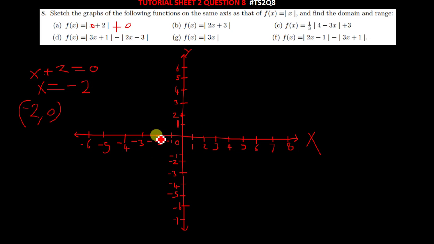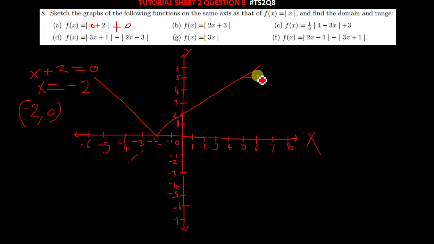So this line is going to come like this to pass at 2 and go this side, and then instead of proceeding this side, it is going to bounce and begin to go to the positives. So this is how you are going to sketch your graph.